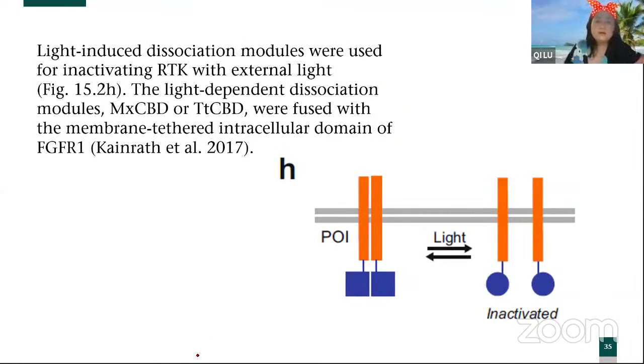And here is another function that uses light to cause these tools to dissociate from each other. For the light-induced dissociation module, for example, MXCBD and TDCBD, it is fused with the membrane tether intracellular domain of the fibroblast growth factor receptor 1.